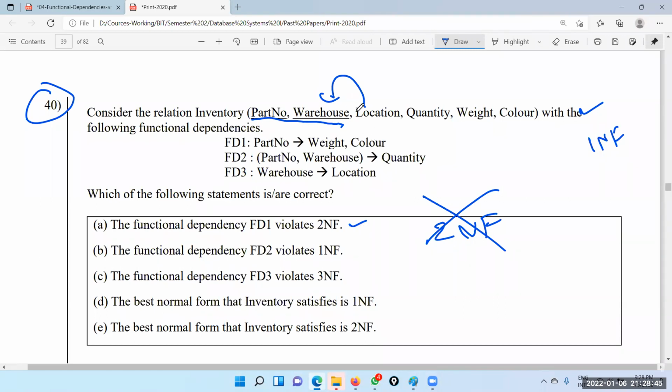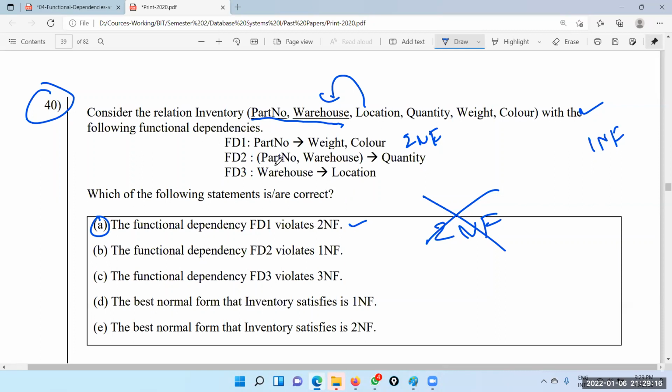Part number weight එකයි color එකයි determine වෙනවා, ඒක warehouse එක මත depends වෙන්නේ නැහැ නේ. එහෙනම් අනිවාර්යයෙන් මෙයා second normal නෙමෙයි, it violates second normal, because part number is just part of the primary key and it has determined weight and color. part එකක් මත depends වෙන්න බෑ, so therefore it is not 2NF, so A is the answer.